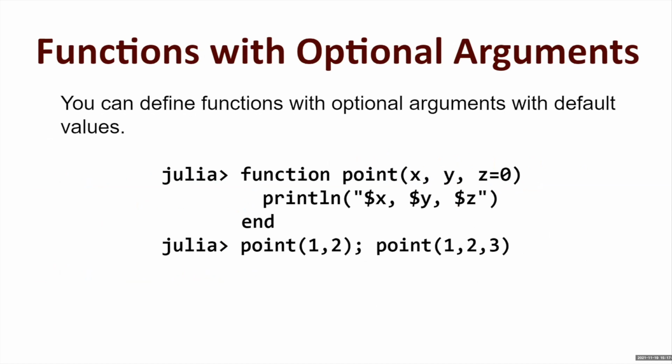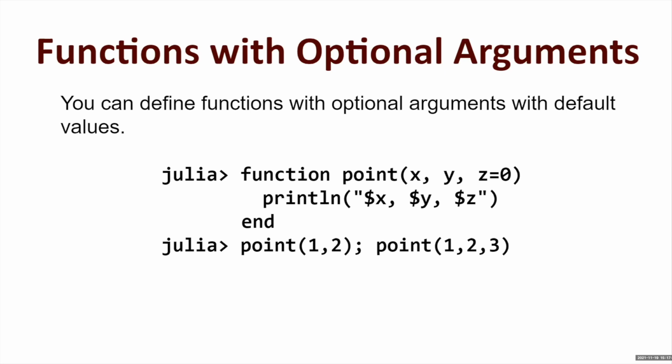So you can have optional arguments similar to Python. In Python, you can have positional arguments. That means those arguments will have to be in a certain place, in a certain order. And then you have some optional arguments, and you have some default value already set, like z here.